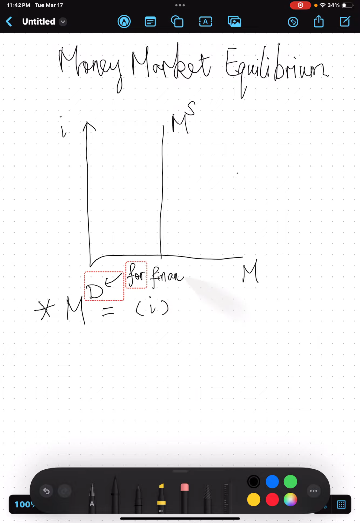So it's going to be proportional to the nominal income of transactions. The nominal income is basically the price level times the real income.